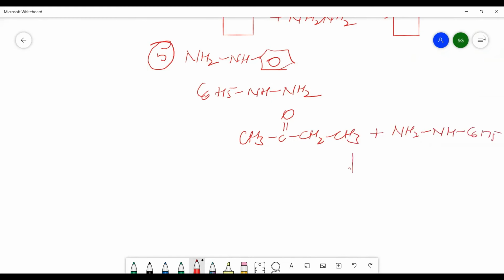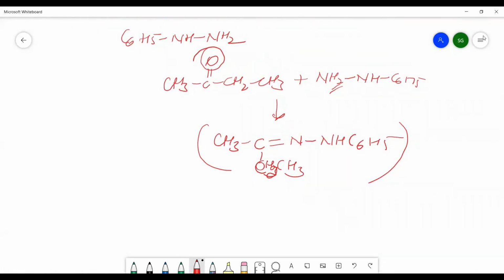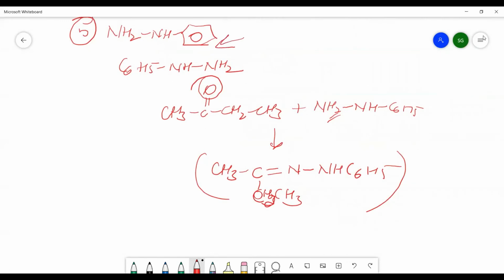So what will happen? Oxygen and hydrogen get removed and you get this kind of compound, with double bond NH C6H5. Now what is that? It is phenylhydrazone. Phenylhydrazine will give the phenylhydrazone of butan-2-one.